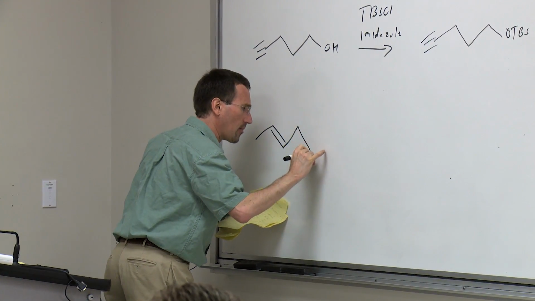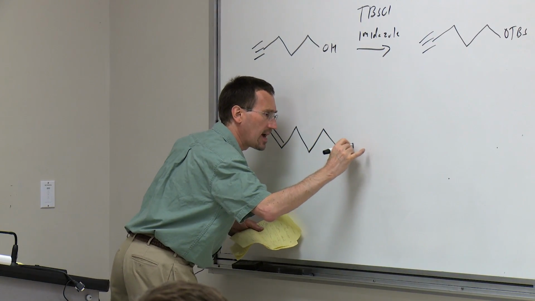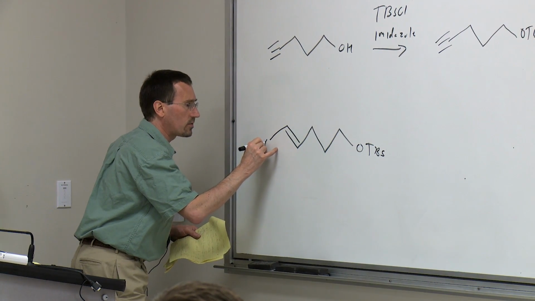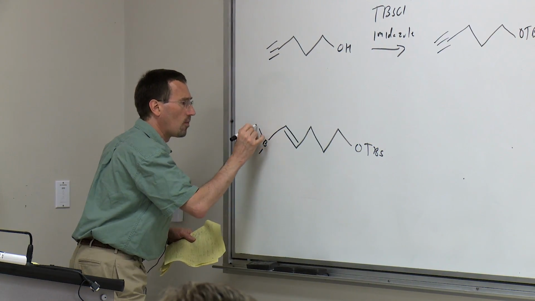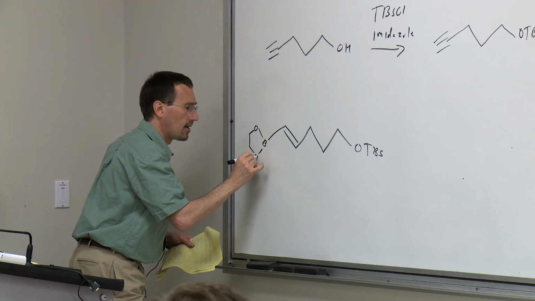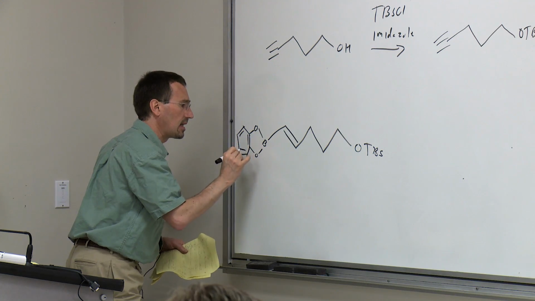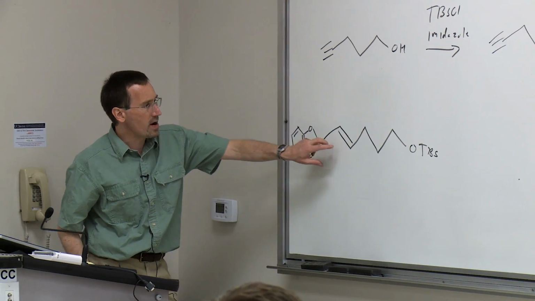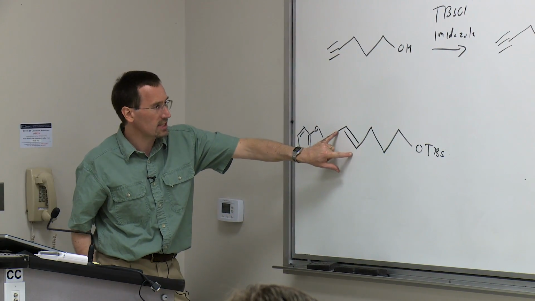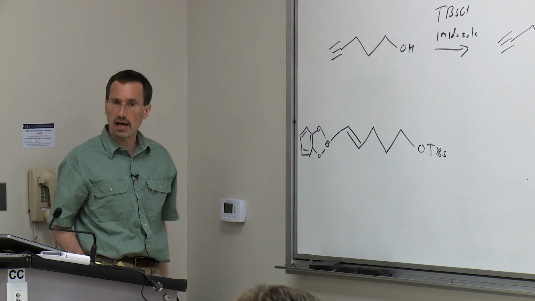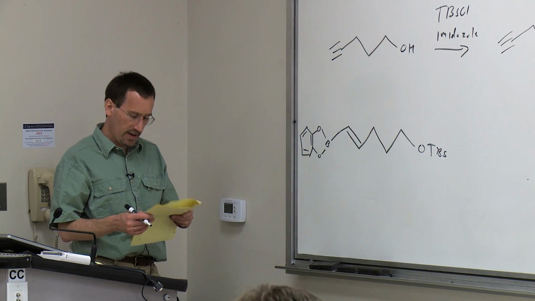You've seen hydroboration in sophomore organic chemistry. In this particular case, we use the reagent catechol borane, the same reagent we use in the Chem 160 lab course. Catechol borane does a hydroboration. It's a syn addition across the triple bond. And what's nice is you can isolate the organoboron compound.